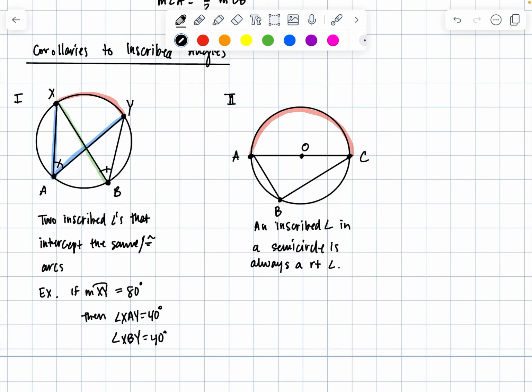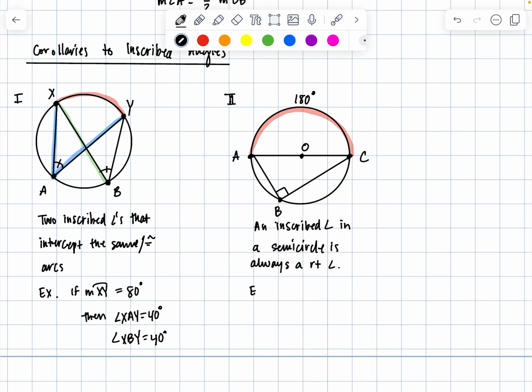You don't believe me? Well, we know that this is 180 degrees. So that means its inscribed angle has to be half of that. Half of that is 90 degrees. And no matter what, if I drew, for instance, another one here to here, it would still follow that same measure because half of 180 is still going to be 90.